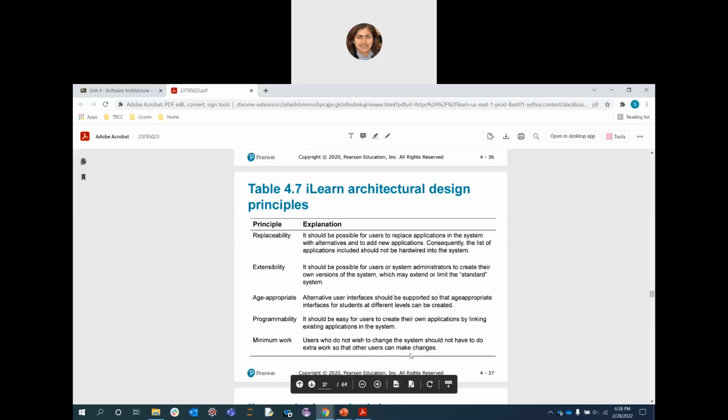So the iLearn system architecture could include all these principles. Our goal is to design this system to create an adaptable universal system that could be updated easily as new learning tools become available, or could be introduced later on in future.